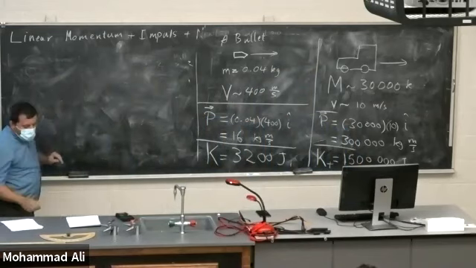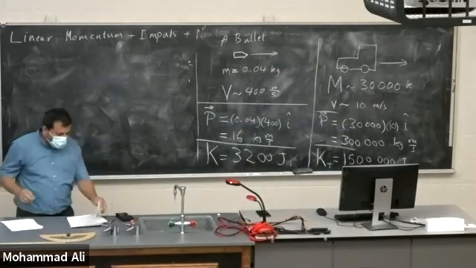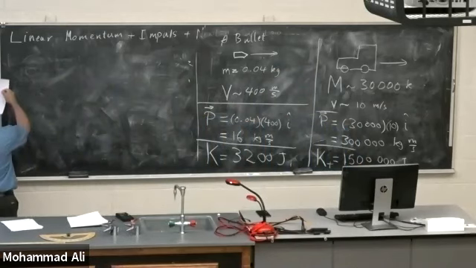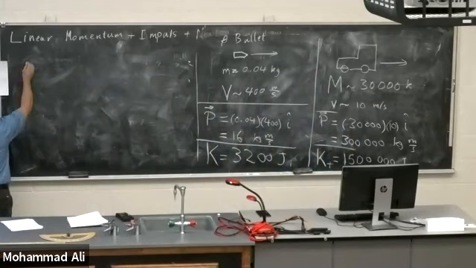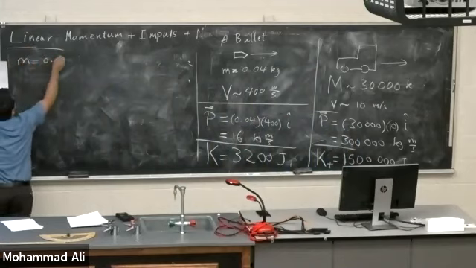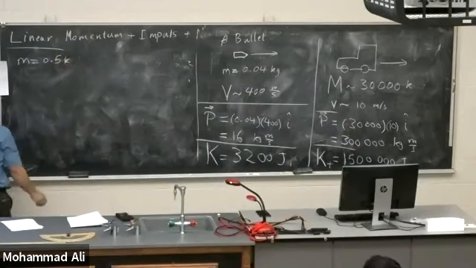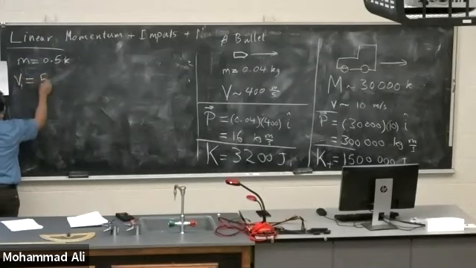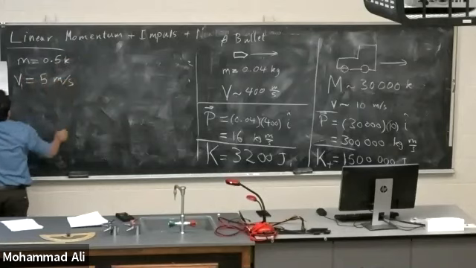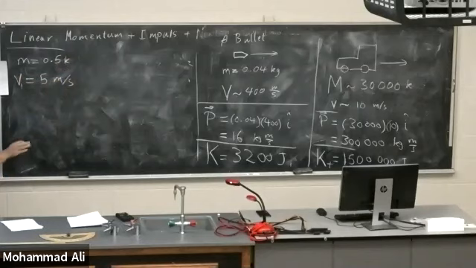Now, by doing this example in page number 3, if we have a ball with mass equal to 0.5 kilogram, it's simple. It has a velocity v initially equal to 5 meters per second. It's a soccer ball.